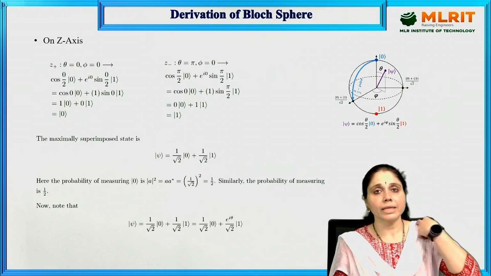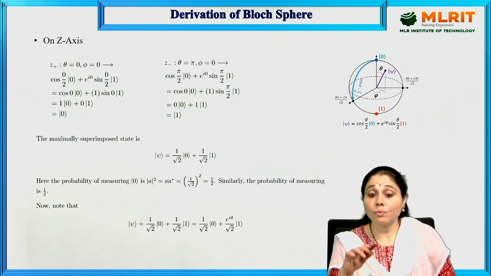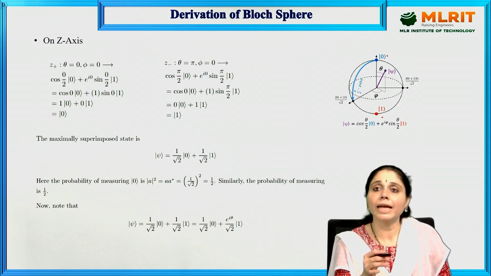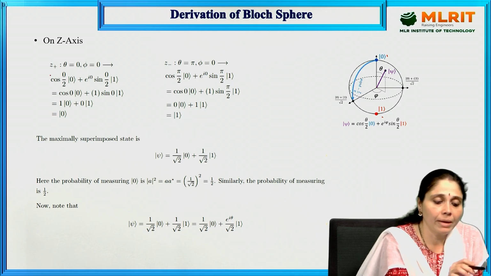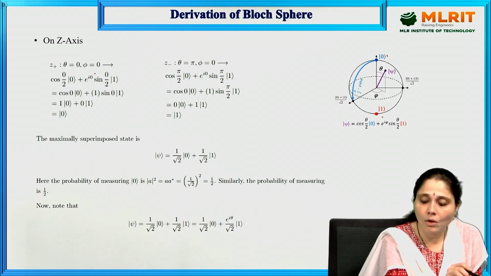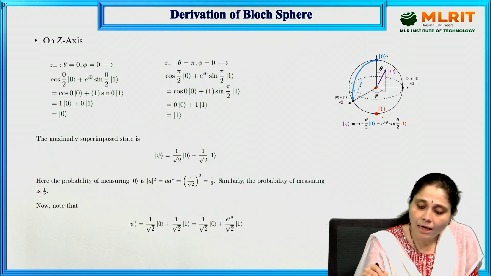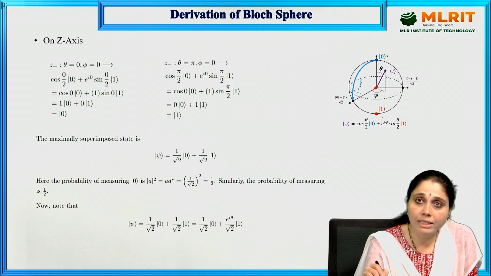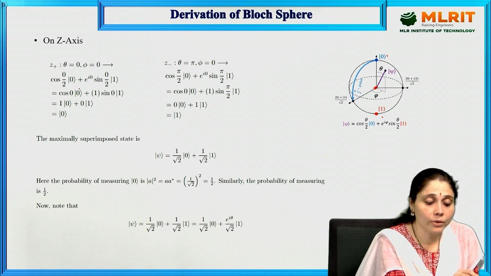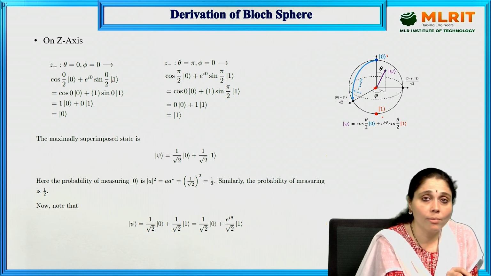Now coming to the z-axis, what happened? On the z-axis we have ket 0 and ket 1. So how to get ket 0 and ket 1? For z plus, theta is equal to 0 and phi is equal to 0. Theta starts here at 0, and there is no change in the phase angle, so phi is equal to 0. So cos 0 by 2 into ket 0 plus e power i phi, with phi 0, sin 0 by 2 ket 1.